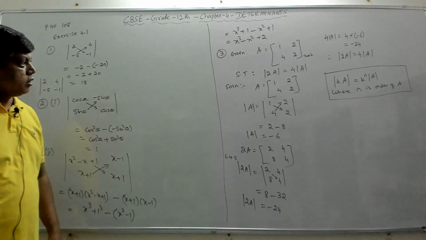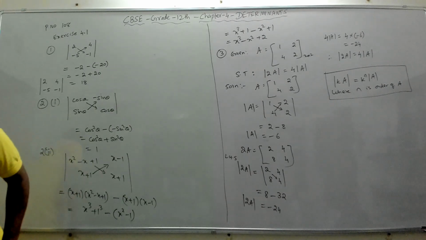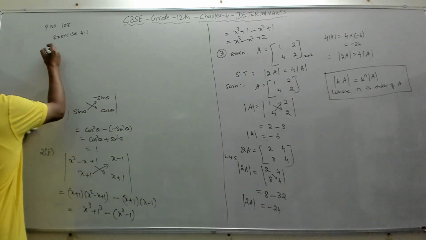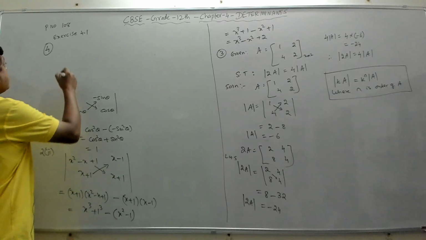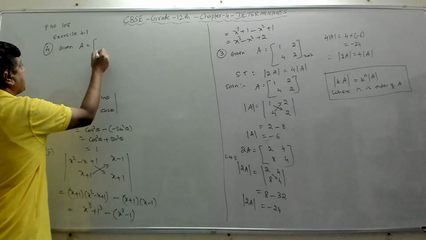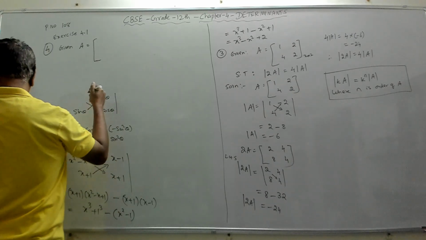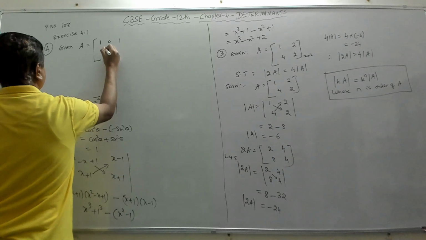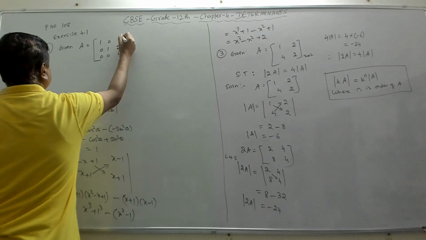Fine. Now let's go to the next one, in a similar way. Fourth problem in exercise 4.1. A matrix A is given, same as the previous problem, but it's a 3 cross 3 matrix: 1 0 1, 0 1 2, 0 0 4.